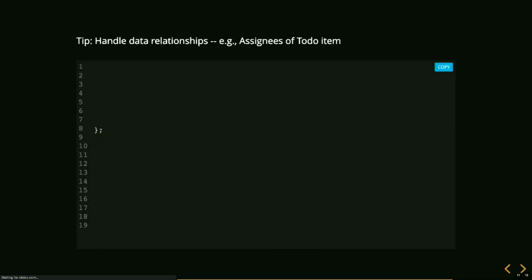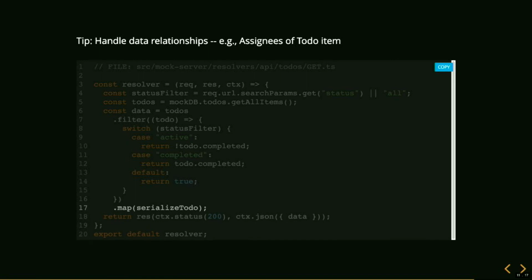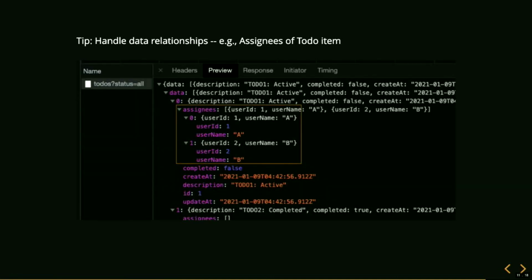For example, in the resolver of get to-do items, we could just map the filtered to-do items and apply the new serialization process, which should add assignee information. As a result, we can see the payload returned from the get-to-do endpoint does include the assignee's information.